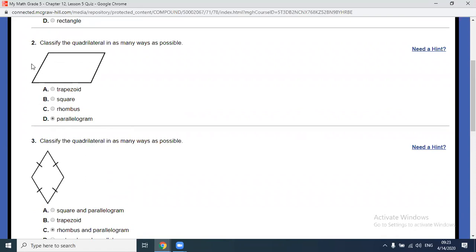A square has four right angles. I don't have any right angles here. In a rhombus, all sides are equal. The sides are not equal, so I have a parallelogram. Here all sides are equal but there are no right angles. This only occurs in a rhombus.